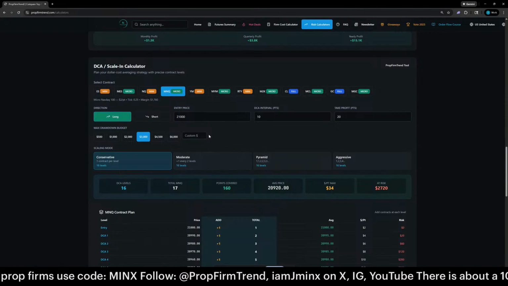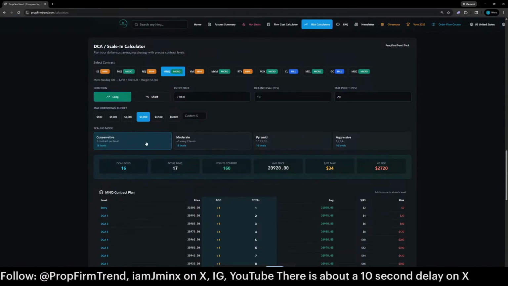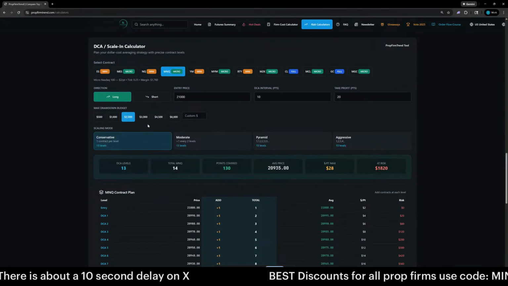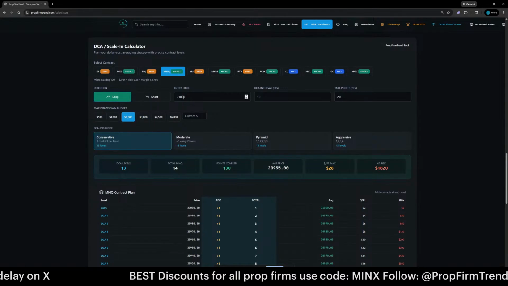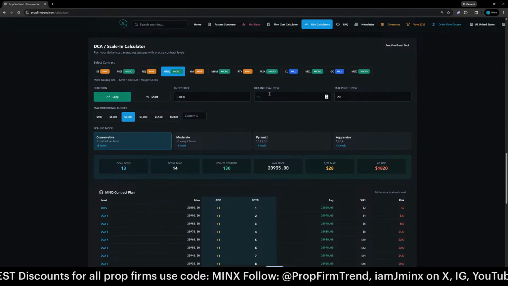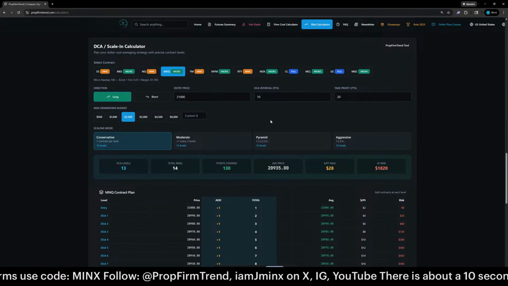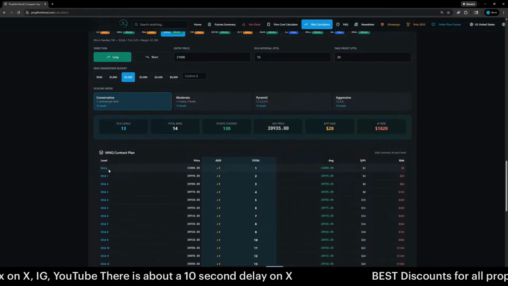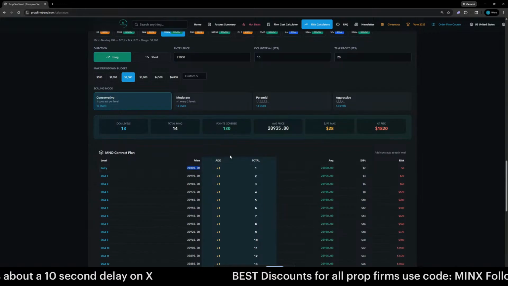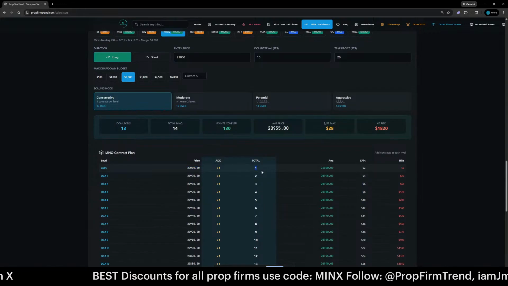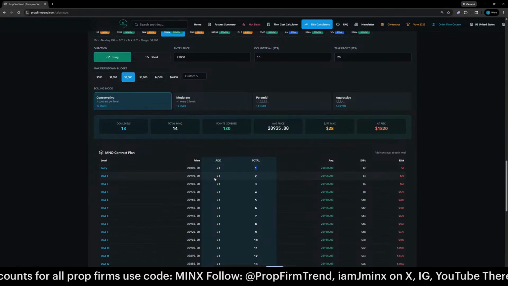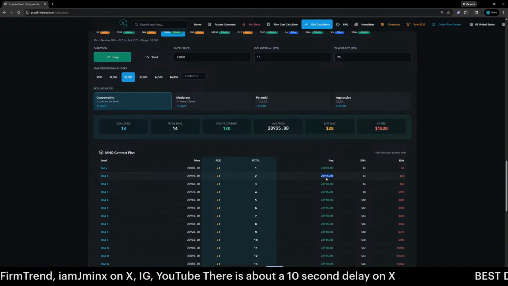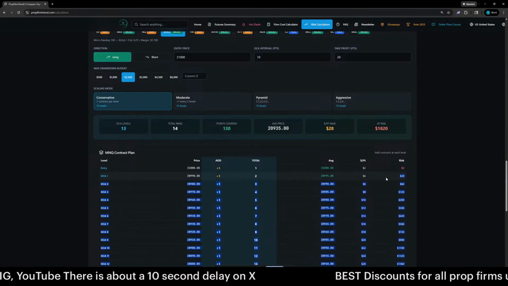This calculator helps if you have, say, a $2,000 account: input your entry price and then an interval, like every 10 points. Let's say you entered at 21,000 with micros, the price went against you, and you add another one. It will tell you your new average, 20,995 instead of 21,000, and what your risk is.